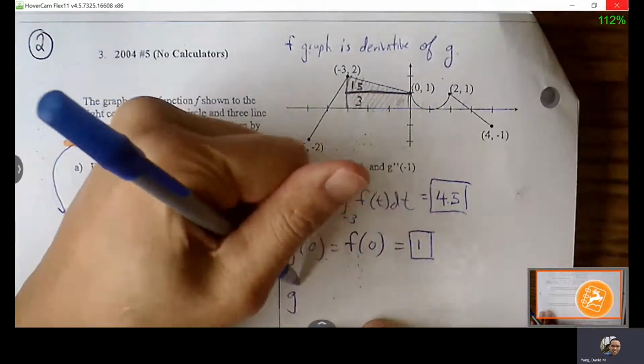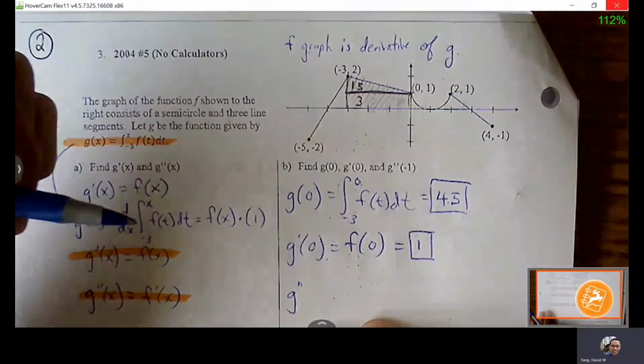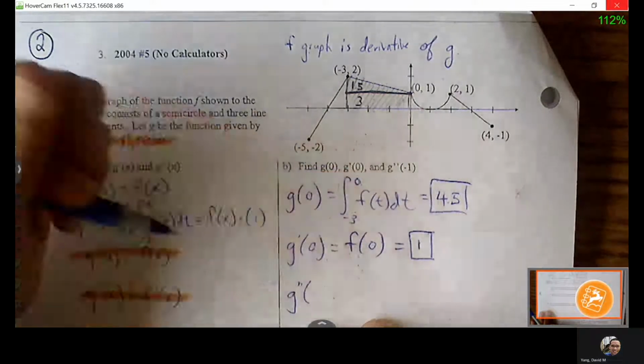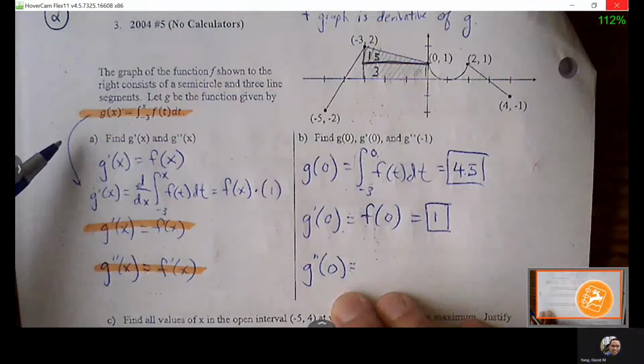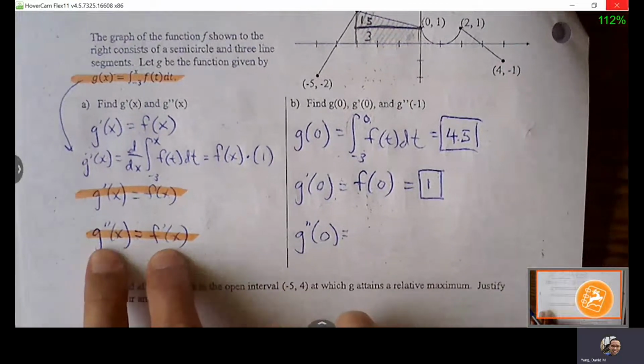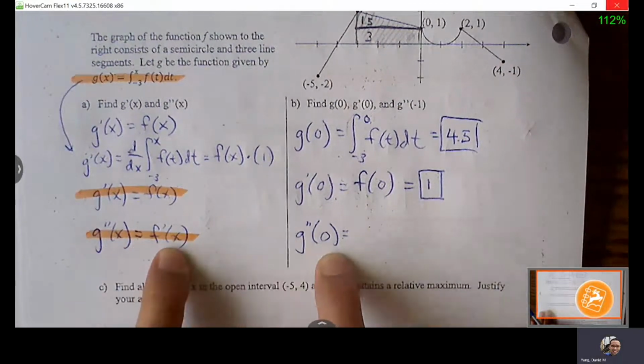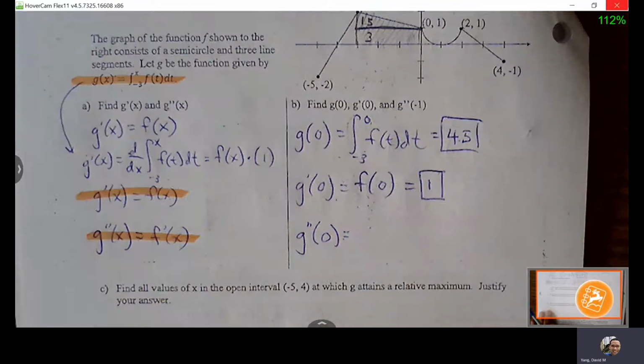Okay, g double prime of 0. We go through this formula, right? G double prime of 0 is equal to, I'm sorry, -1, my bad. G double prime of -1.